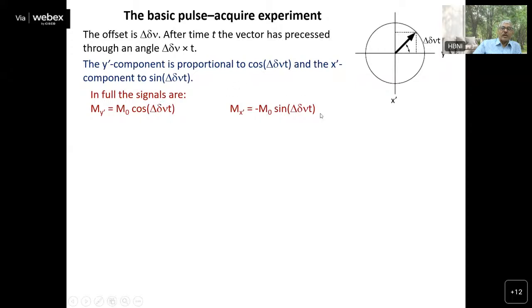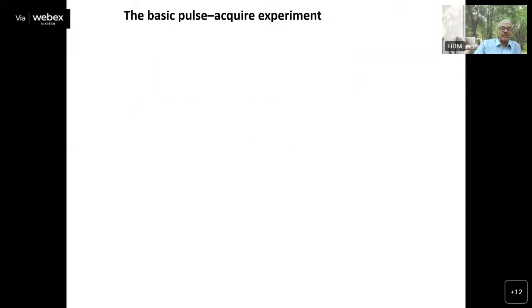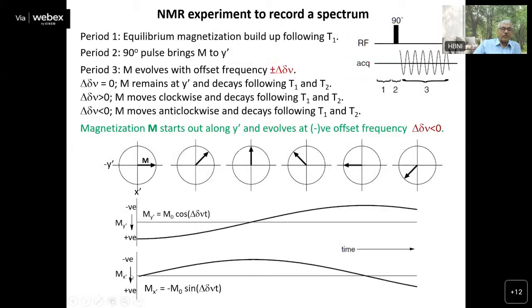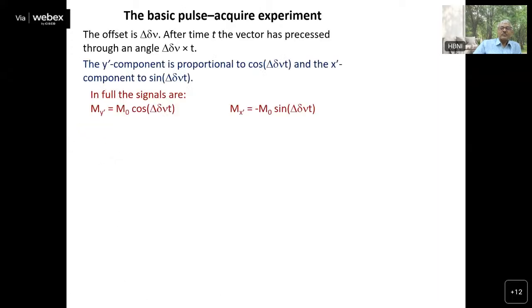The x prime component will be negative. If you remember, I was telling that it was negative for x. Okay, and this will change depending on the time.